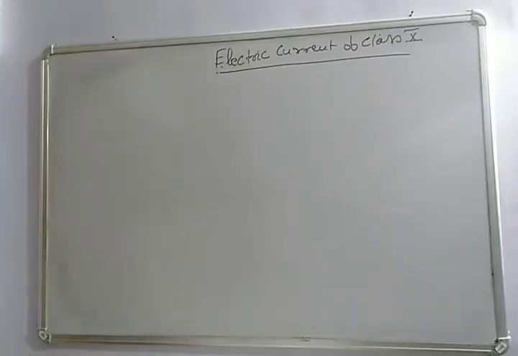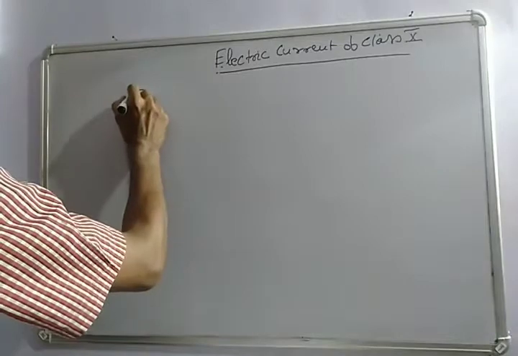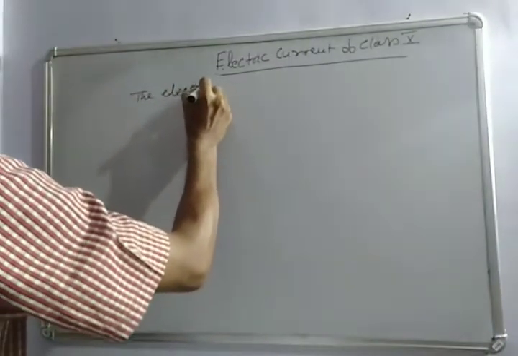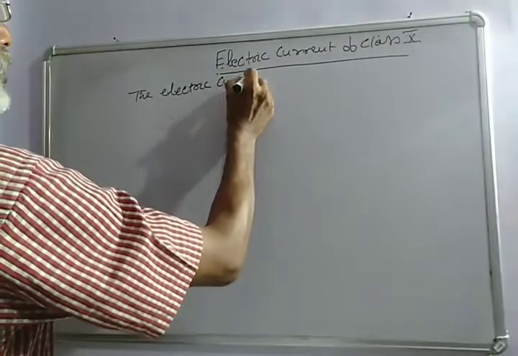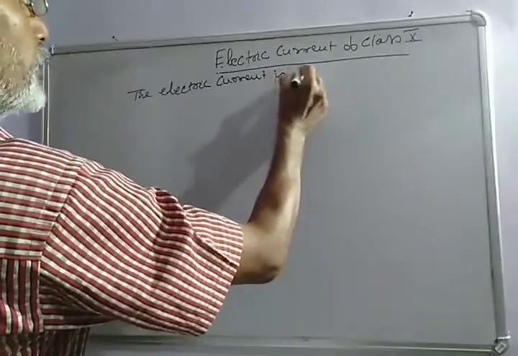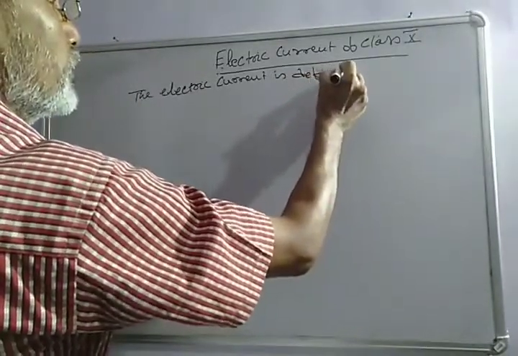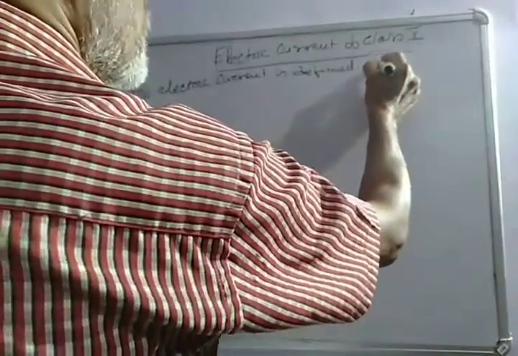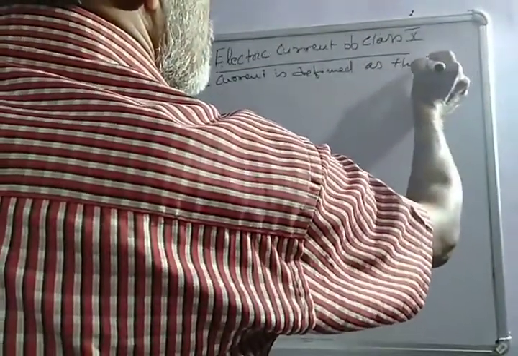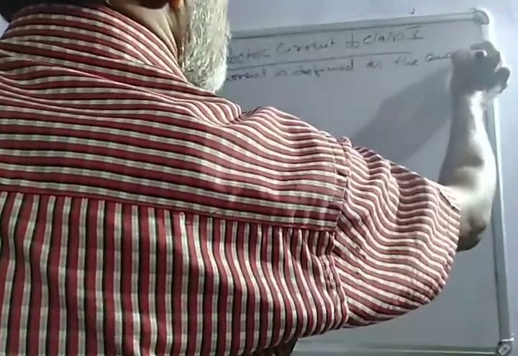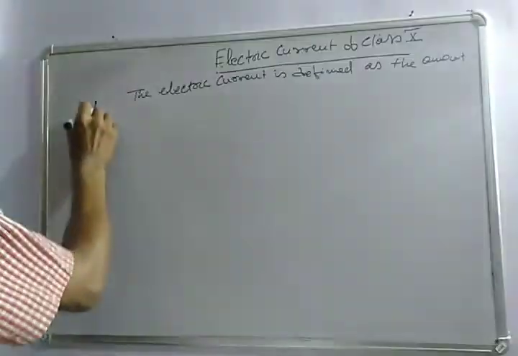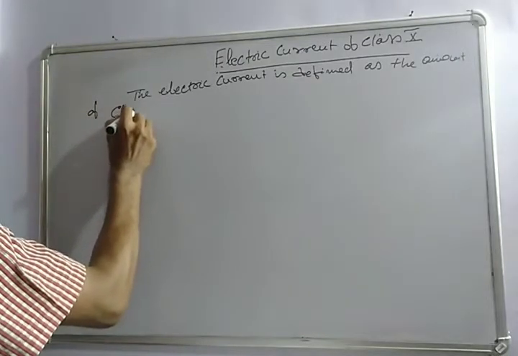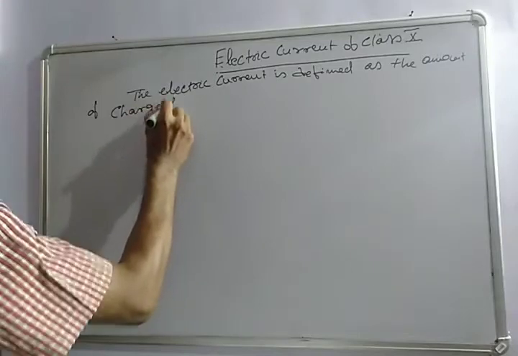The electric current is defined as the amount of charge per unit time.